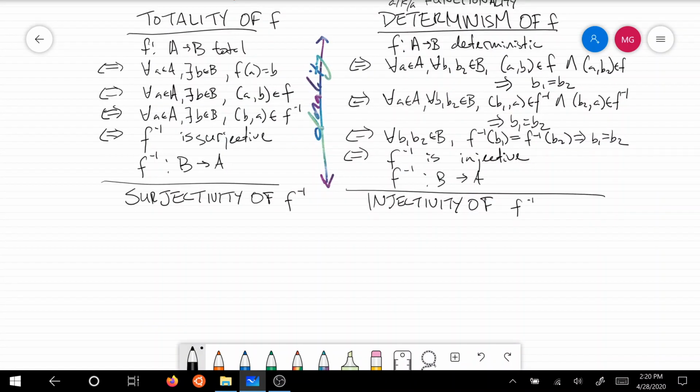Let's use this to summarize the things that we should then be able to simply know about a function. So f: A arrow B injective, what does that mean? Well, if it's injective and total, that means that what we should get out is that f inverse is surjective, because totality dualizes to surjectivity, and because it's deterministic, we'll get injectivity.